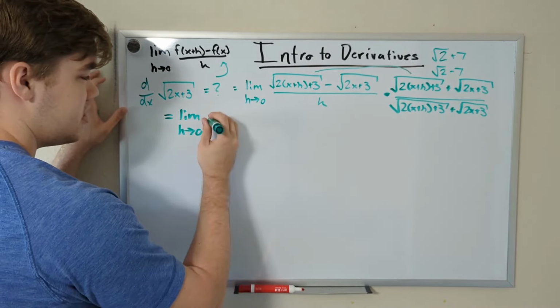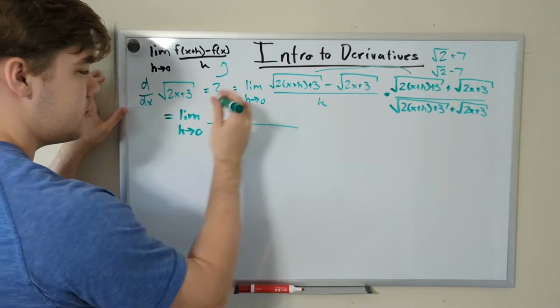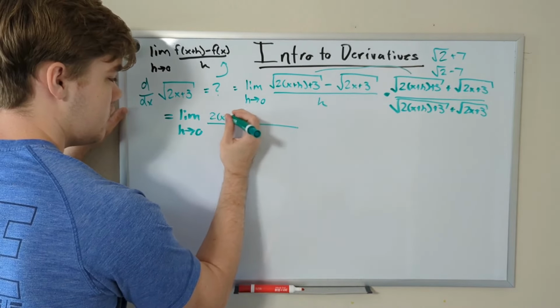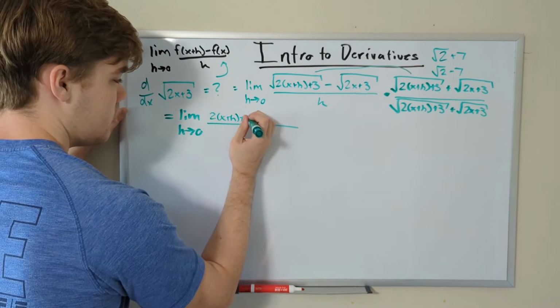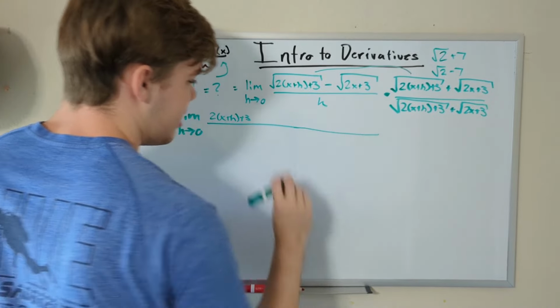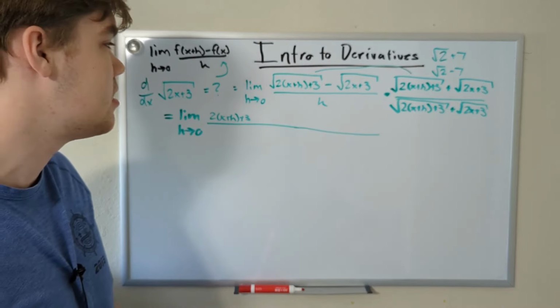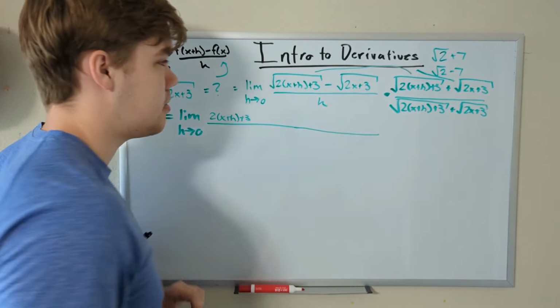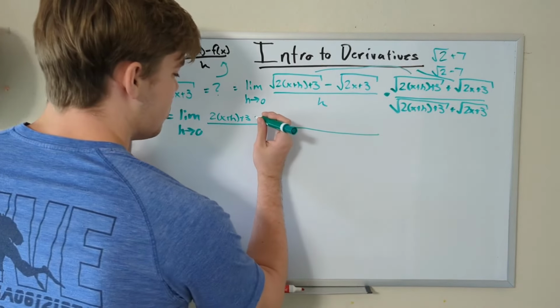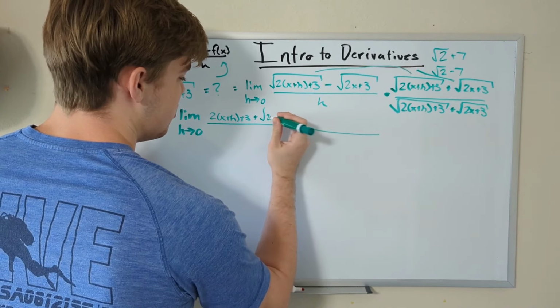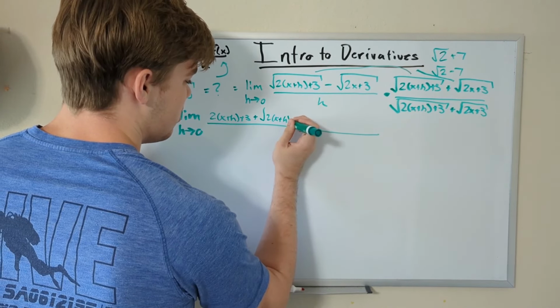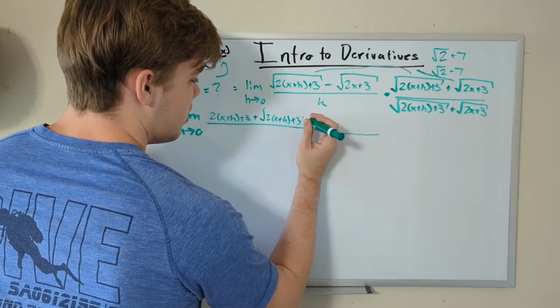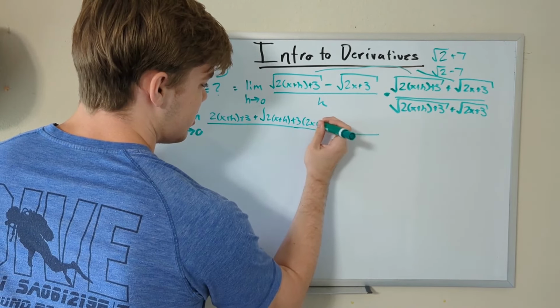Limit as h approaches 0. On top, we now have 2 times x plus h plus 3, and we're just going to extend this way out here. We're going to need a lot of room to solve this. Next, we multiply this by the square root of 2x plus 3, and that is just equal to the square root of 2 times x plus h plus 3 times 2x plus 3.